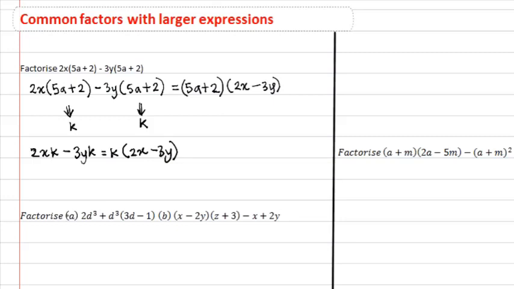Okay, so now another problem. Factorize 2d raised power 3 plus d raised power 3 bracket 3d minus 1. Now which one is common in these two places?